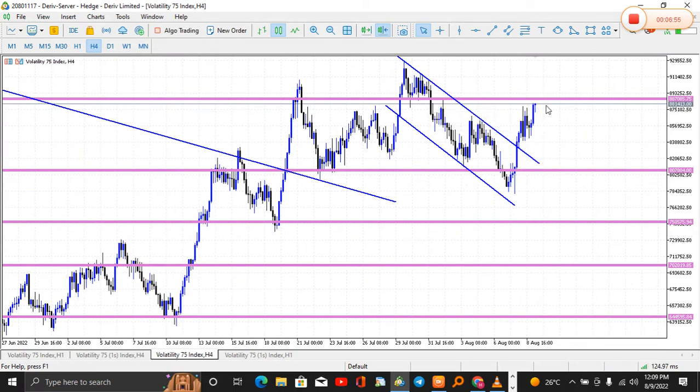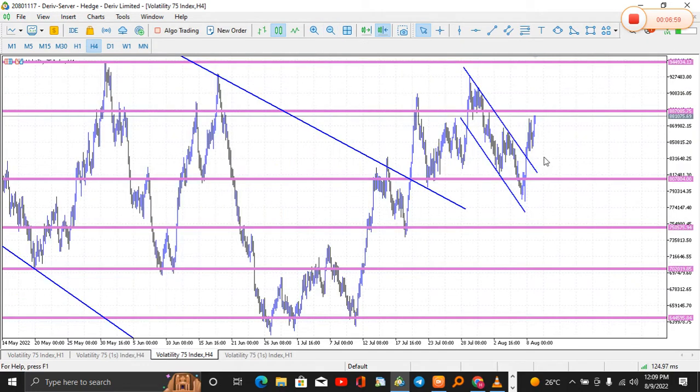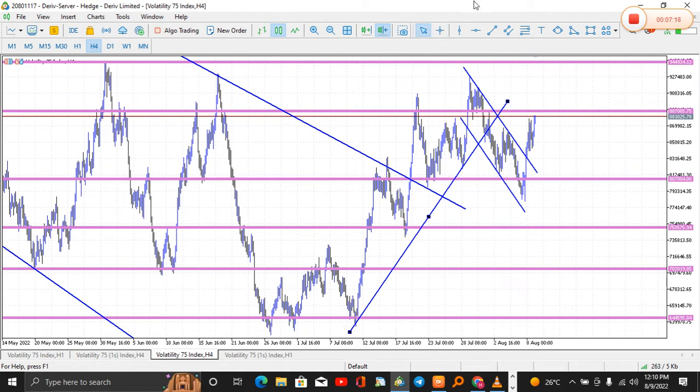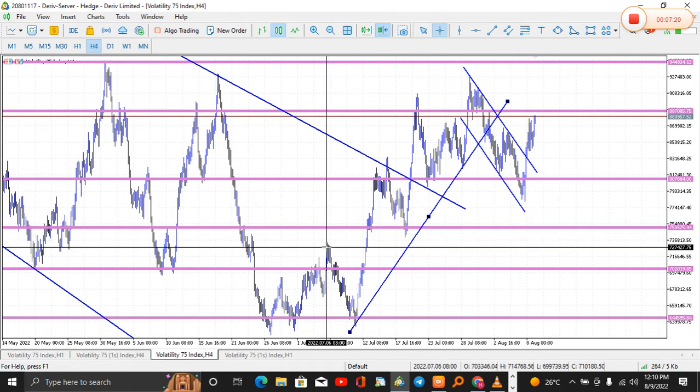I don't know whether we are together, guys. This is a clear indicator the price is still moving to the upside, because when you look at this trend here, the market is making higher lows and higher highs.